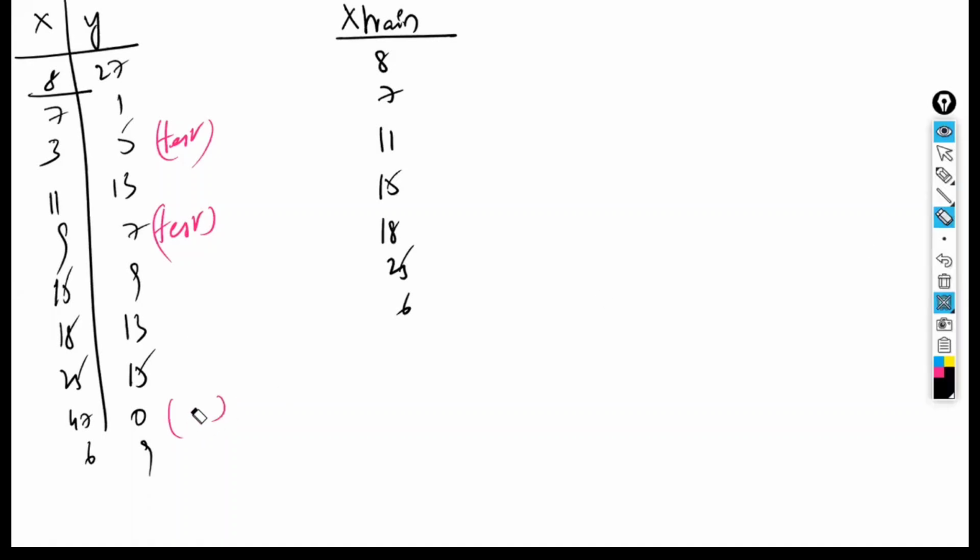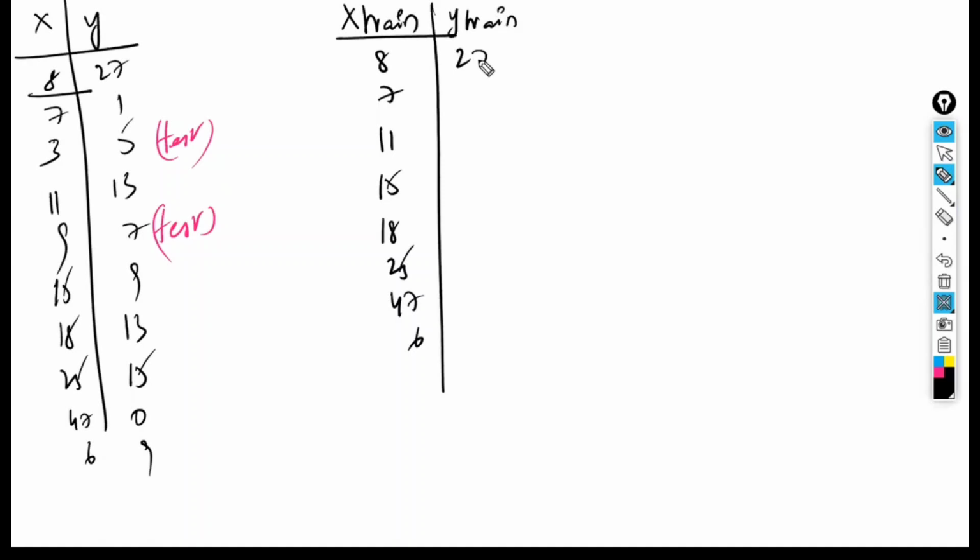For example, I have selected 80% for training purpose. This is the maximum value; for training, you have to give a maximum of 80. So here I'm going to select 49, 47 and 6 also in the X train. Now the corresponding Y train values: 27, 1, 13, 9, 13, 15, 0, 9.